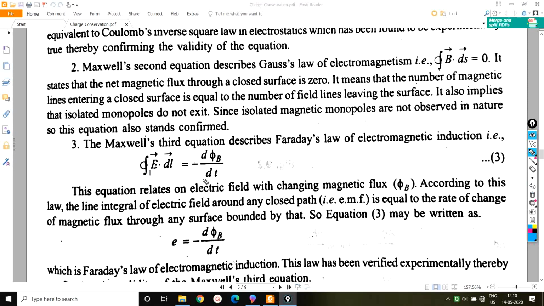This is our Faraday's law of electromagnetic induction: line integration of E dot dl equals minus d phi_B by dt.